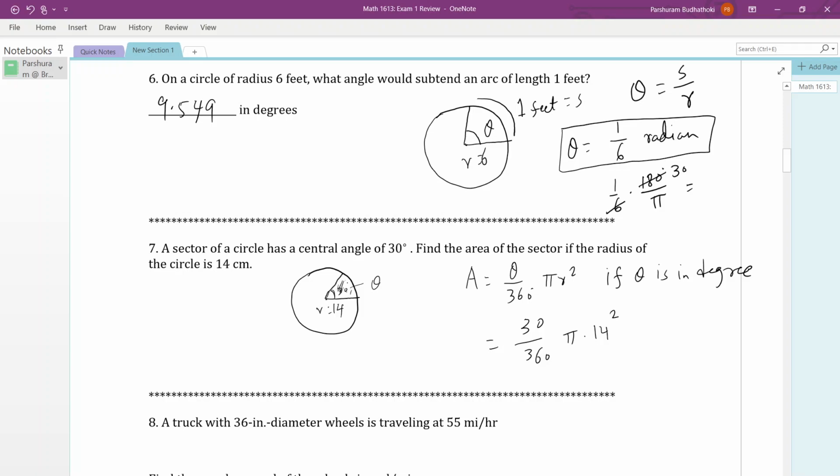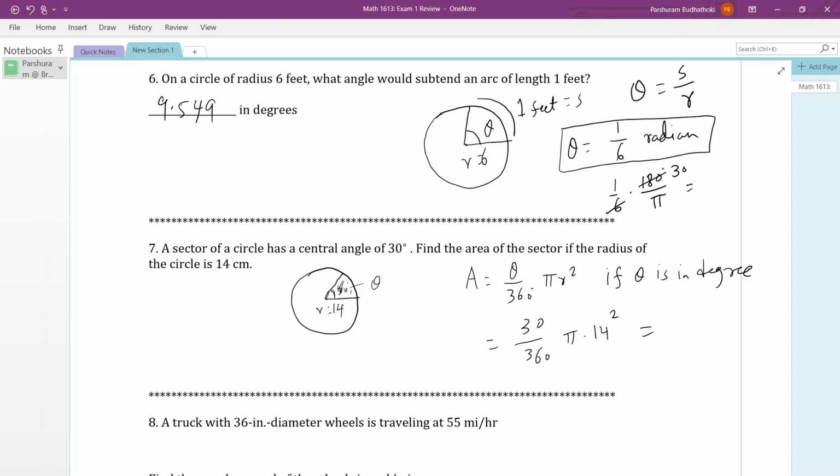If you use this formula, after simplification, the answer for problem 7 would be 51.312. Just use your calculator: 30 divided by 360 times pi times 14 times 14.